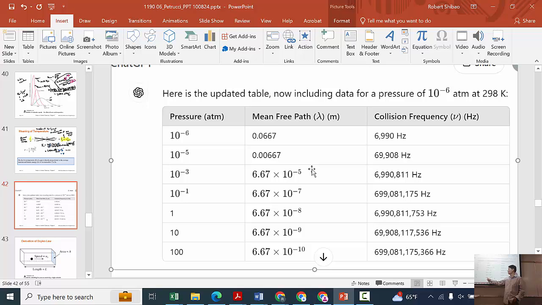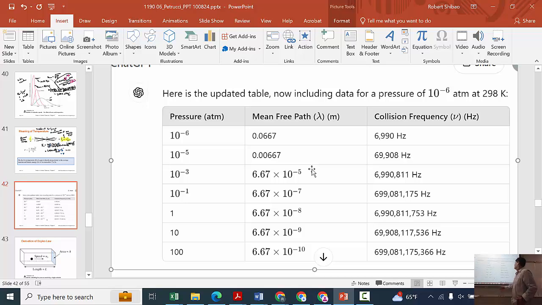So if we move the decimal over, that's 670 picometers. So there's very little room here. This is getting on the order of the size of the atom. Atoms range from 1 to 6 angstroms. This is 7 angstroms, roughly. It doesn't travel very far at 100 atmospheres, if ChatGPT did the calculation correctly.